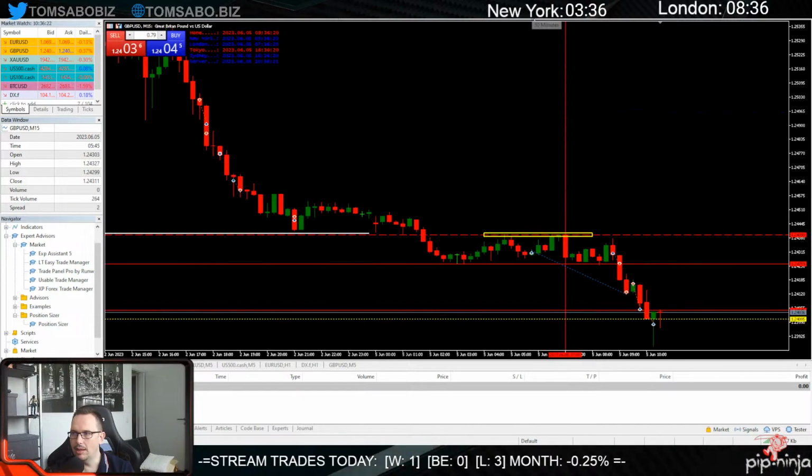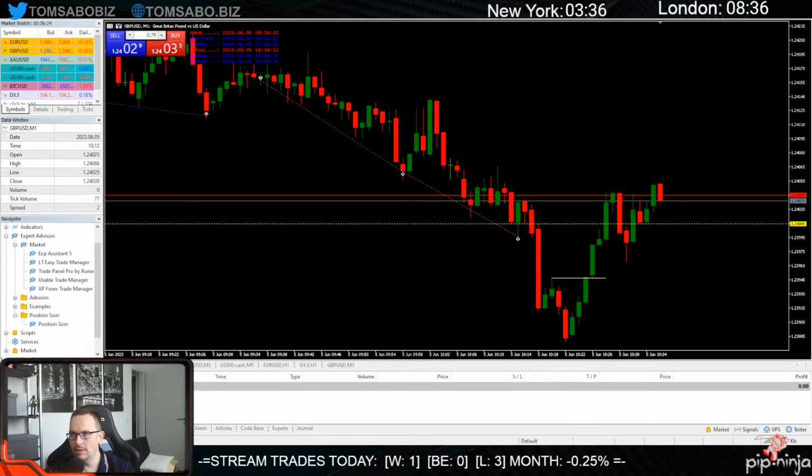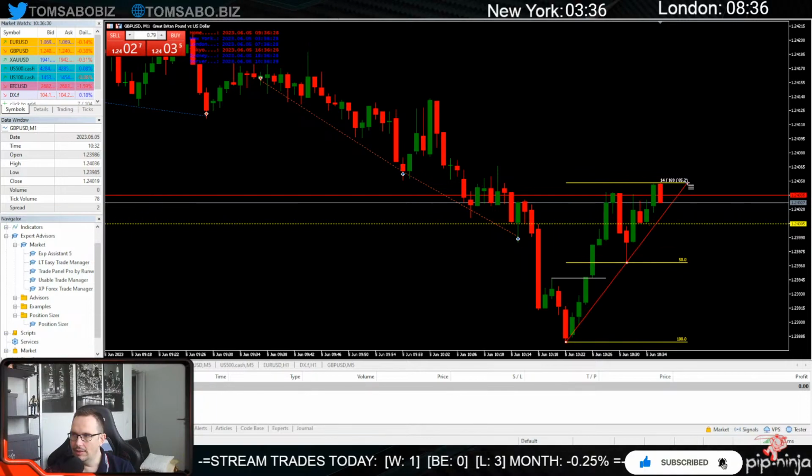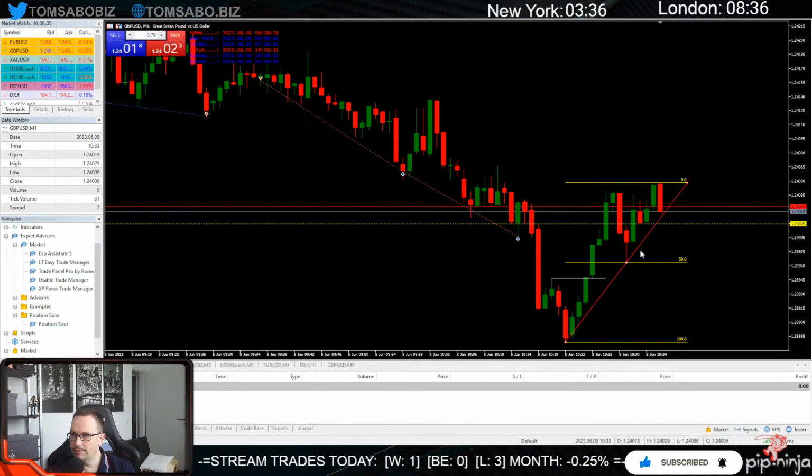If that's what pound wants to do, then I can enter again. Because if I pull a fib tool right here, then I would have to measure this distance. And maybe it could be right here.